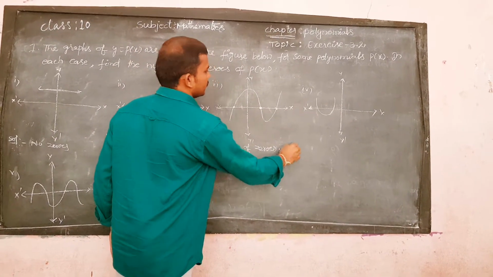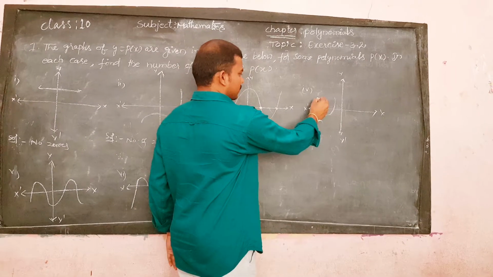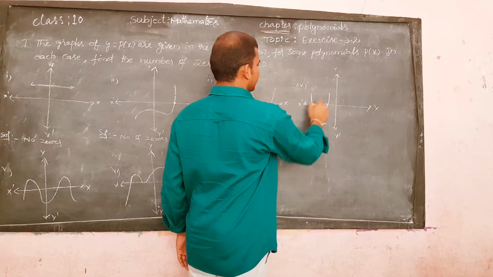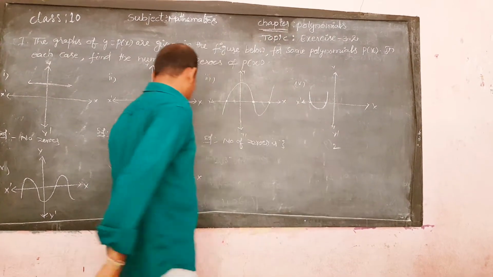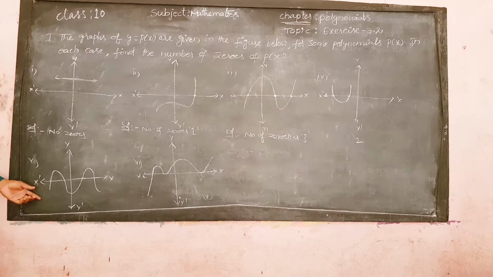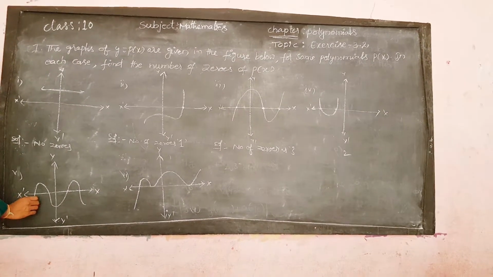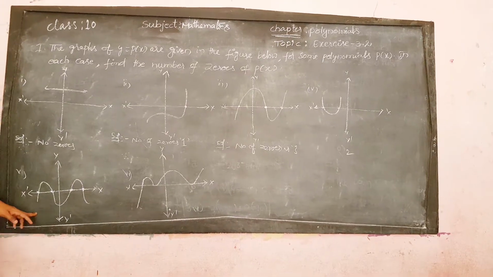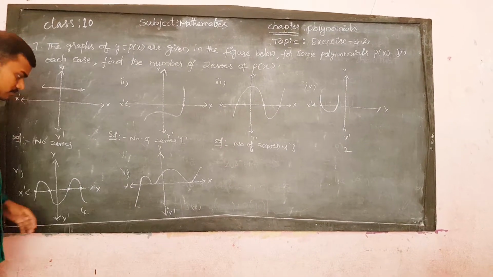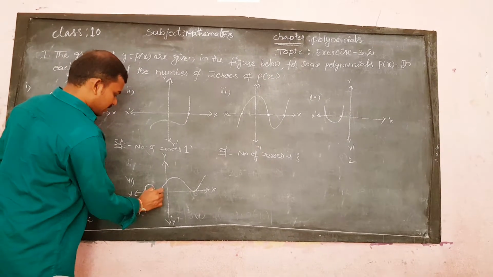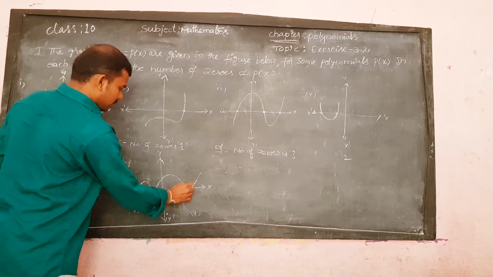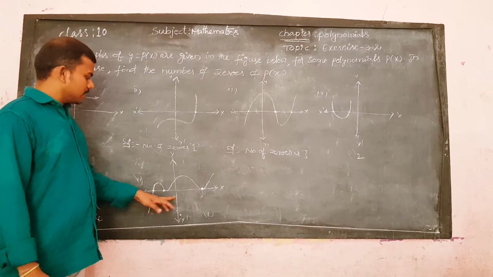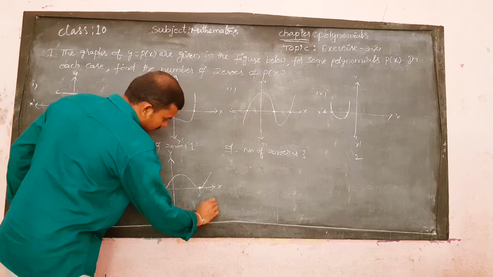In the fourth, the graph intersects the x axis at 2 points, so the number of zeros is 2. In the fifth question, the graph intersects at 4 points, so the number of zeros is 4. In the sixth, the graph intersects the x axis at 3 points, so the number of zeros is 3.